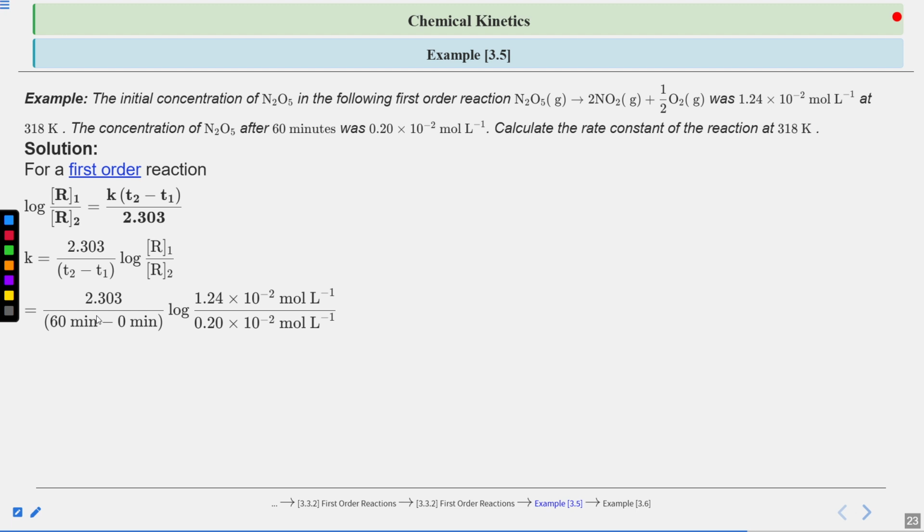Now we have the two times given, which are 60 minutes and 0 minutes, because at the initial concentration the time is 0, and at the final concentration you have been given the concentration of N2O5 after 60 minutes.